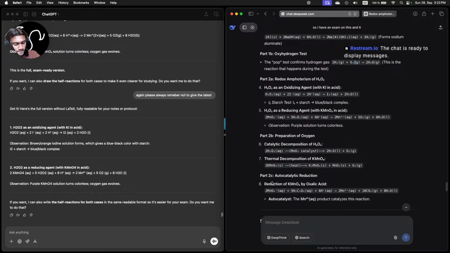Thermal decomposition: 2KMnO4, heat, gives K2MnO4 plus MnO2 plus O2.